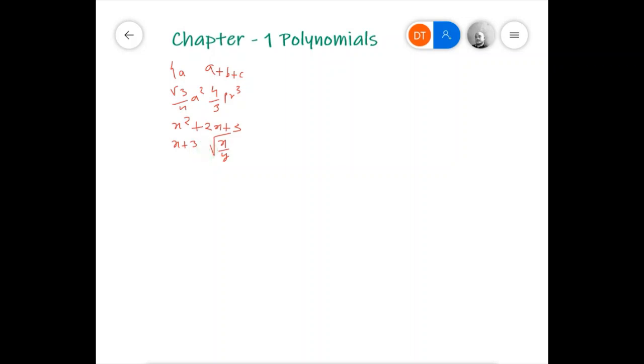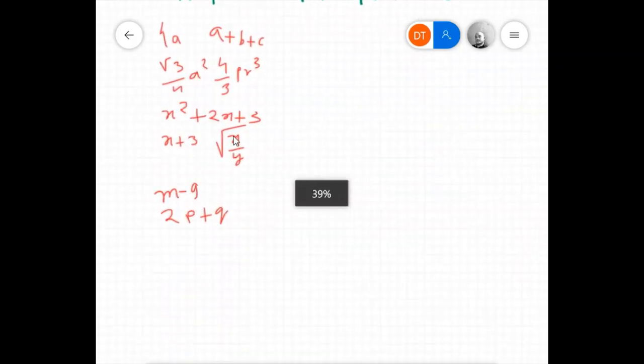I'm taking more examples, m minus 9 and 2p plus q. Okay, these are some of the examples that we are taking, so zooming it in.